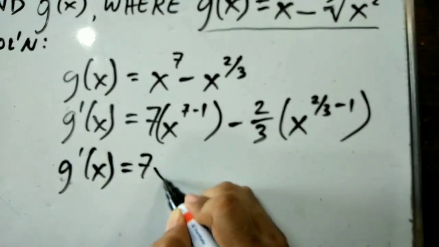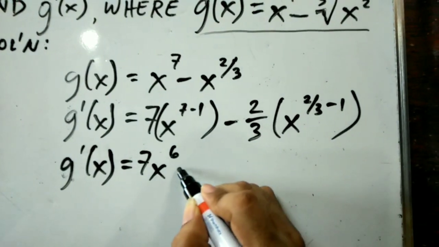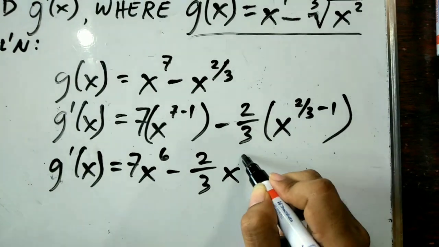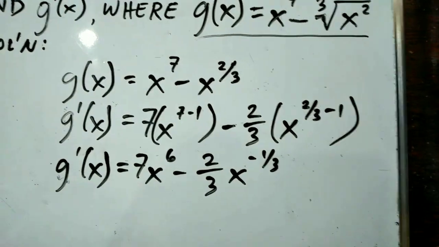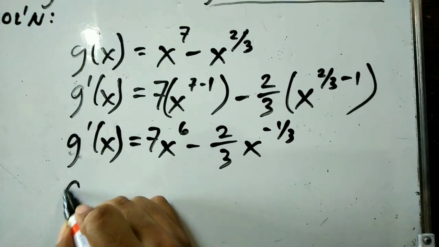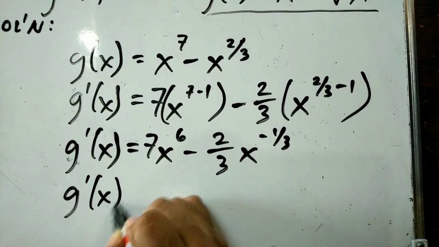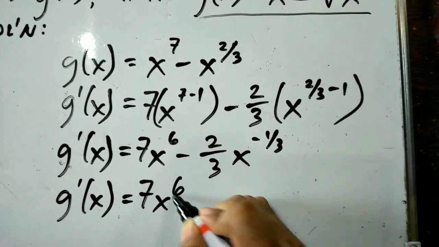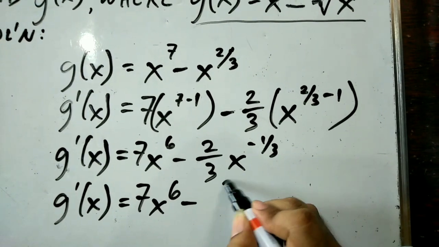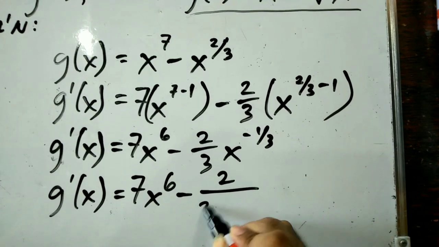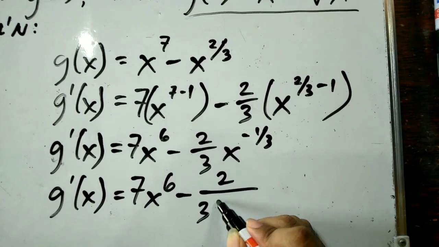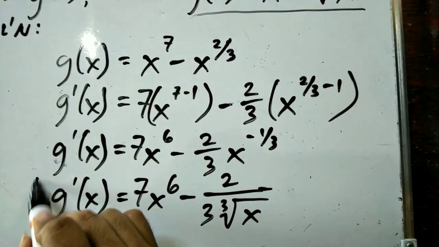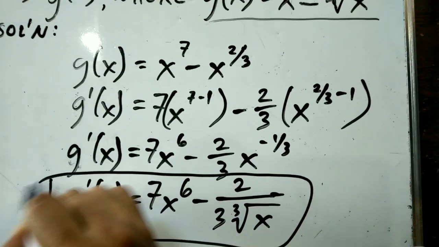So 7 minus 1 is 6, and 2/3 minus 1 is negative 1/3. And then the final answer is 7x to the 6 minus 2 over 3 cube root of x. So, ito po yung final answer niya.